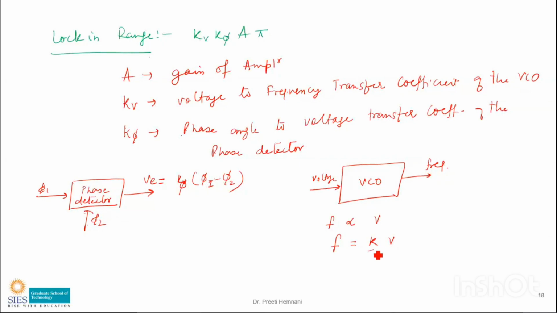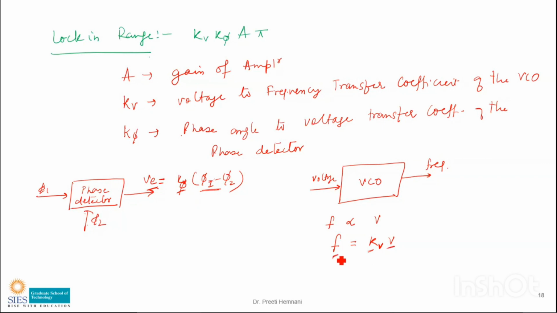For the VCO, what is this K? This K will be called KV, because this is nothing but the voltage to frequency transfer coefficient. Like K phi is phase angle to voltage. This is phase angle and this is voltage. So we call it KV, and K phi.